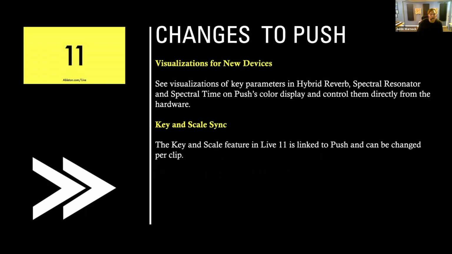And speaking of Push, with Push 2, there are visualizations for new devices. See visualizations of key parameters in Hybrid Reverb, Spectral Resonator, and Spectral Time on Push's color display, and control them directly from the hardware. And then, and this is what I mentioned earlier, key and scale sync. The key and scale feature in Live 11 is linked to Push and can be changed per clip.